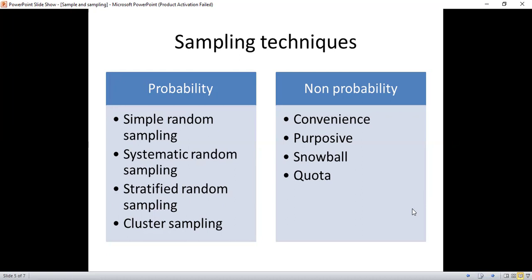For cluster sampling, we choose cluster sampling as a method when, let's say, certain populations are very hard to reach. Let's say we want to do a study on all the Reliance offices that are across India. Now we cannot reach out to all offices in India.